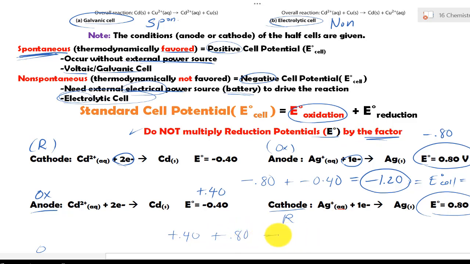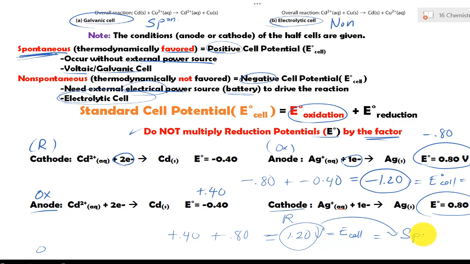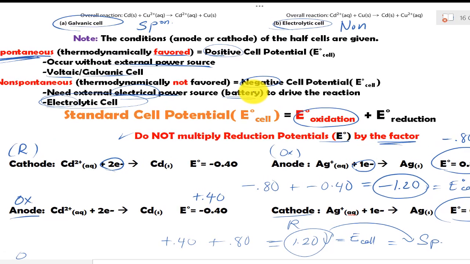That gives us 1.20 volts, and that is your E cell potential. If this is positive, this has to be a spontaneous reaction. And that's how you determine if a redox reaction is spontaneous, or thermodynamically favored, or non-spontaneous, thermodynamically not favored, based on the E cell potentials.